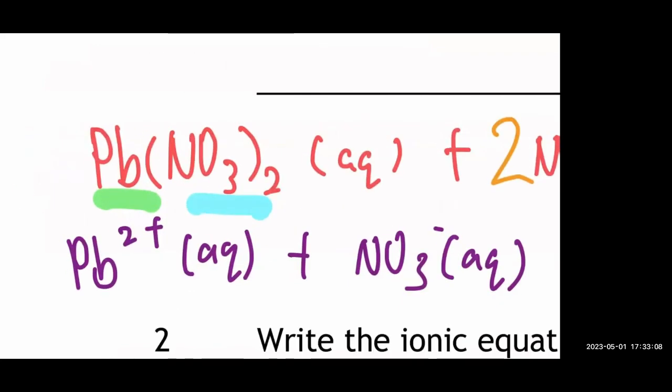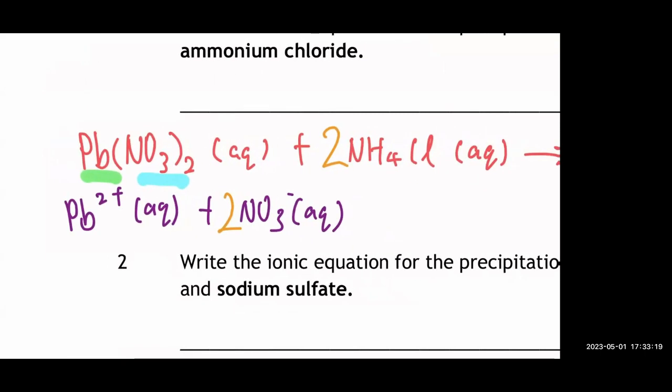Over here, look at this. I have 2 nitrates over here. When I split into my ions, I must have 2 nitrates.